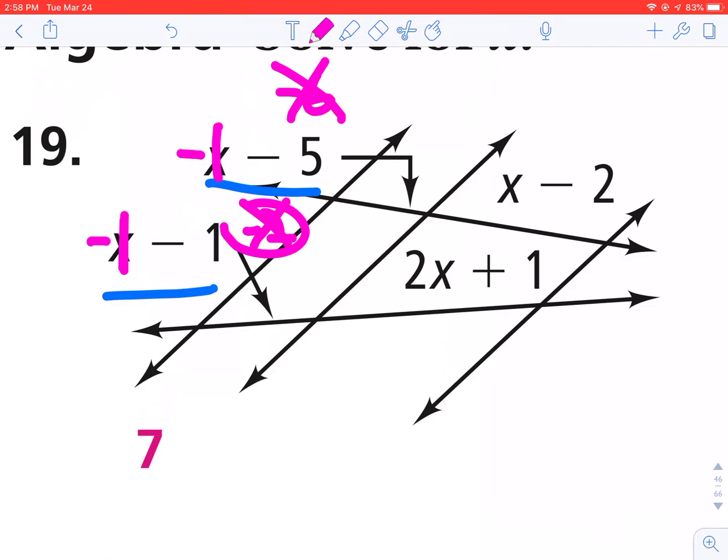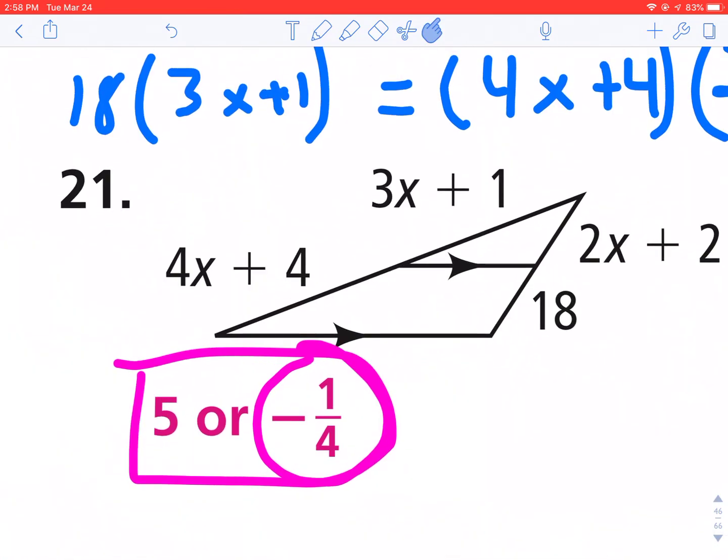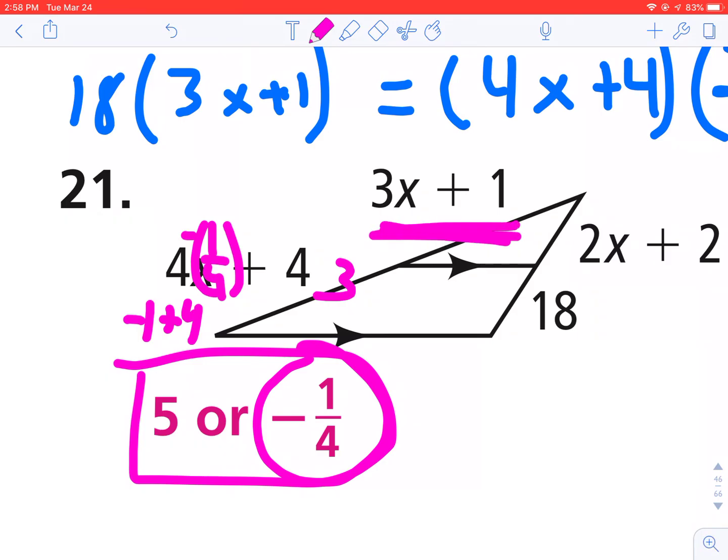That's not possible. If I go back to here, and I put negative 1/4 in, well, let's put it into this expression right here. Okay, this gives me negative 1/4 times 4 is a negative 1, plus 4. That tells me this length is 3. That's acceptable. Okay, so x can be negative if it still yields you a positive or a true value of a length.